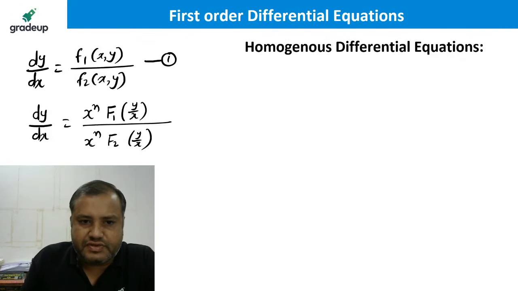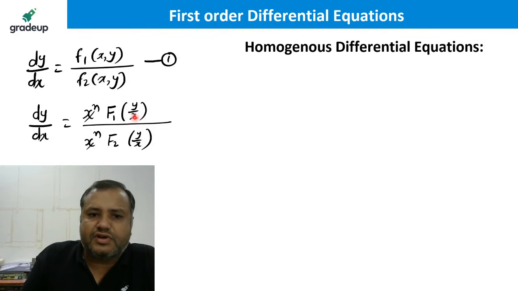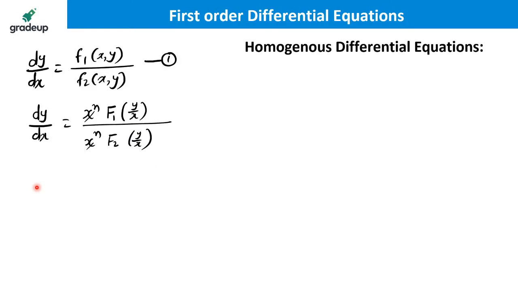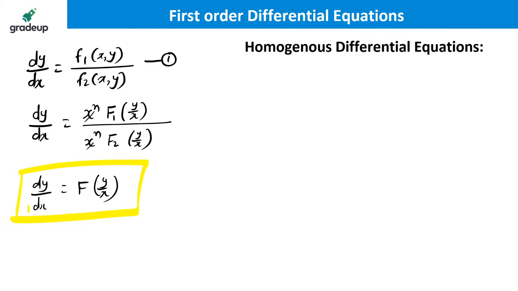So this x raised to n, x raised to n gets cancelled, and some function of y by x divided by another function of y by x, you can write them as a single function of y by x. So this is actually the format of a homogeneous differential equation.